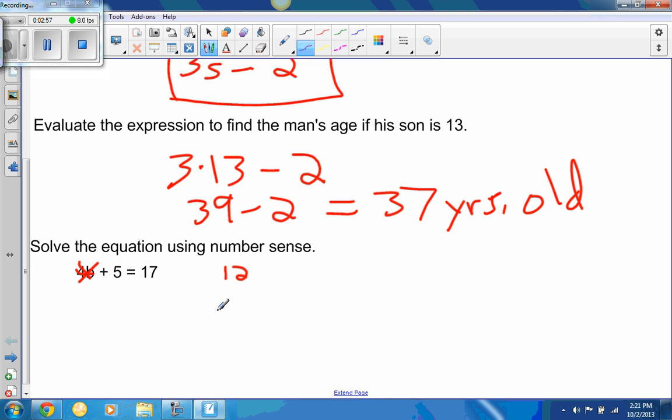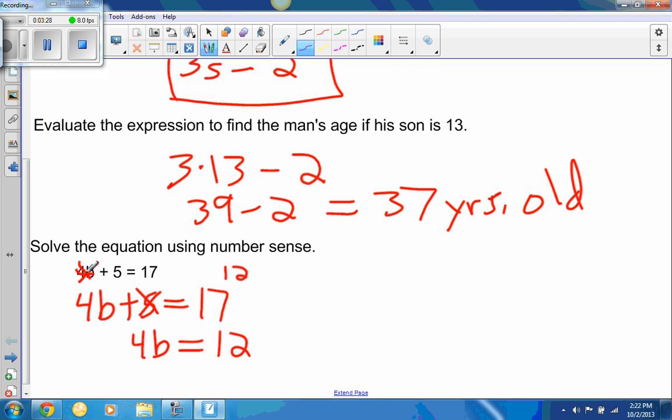to figure out what the 4b has to be. So then I'm going to rewrite it. I have 4b plus 5 equals 17. Well, since we just figured out that 4b had to be 12, I can now forget about the 5, and I'm going to make 4b equal to 12 because that was what I just figured out it had to be.